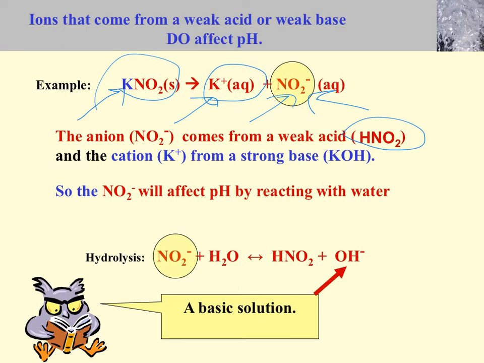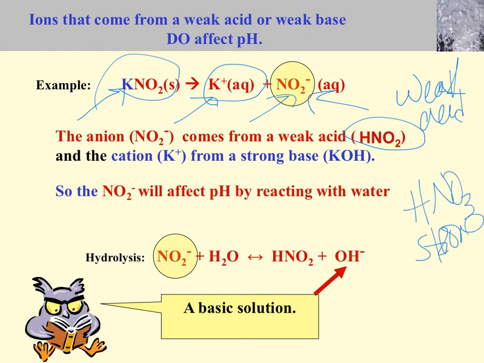And so NO2 minus, that's nitrite ion, comes from HNO2. That is a weak acid. This is one that can get a little tricky because HNO3, nitric acid, is strong. So you've got to pay attention to your subscripts.